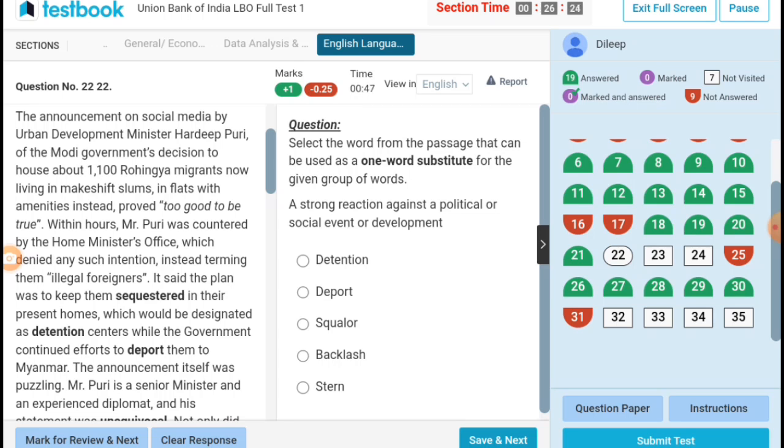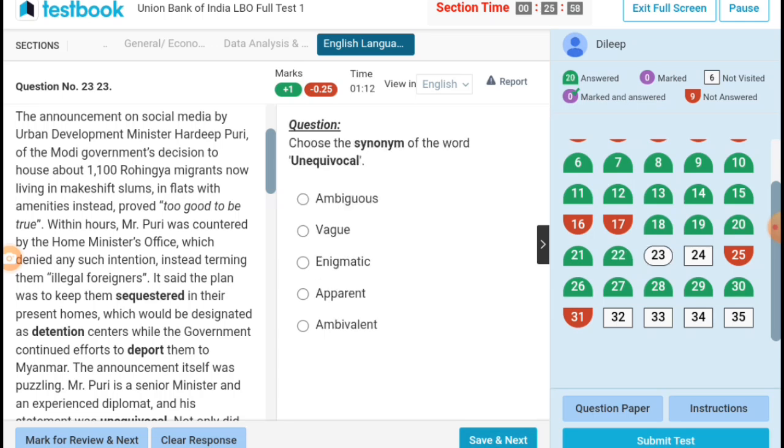A strong reaction against a political or social event or development, detention or deport squalor. I think it is backlash.